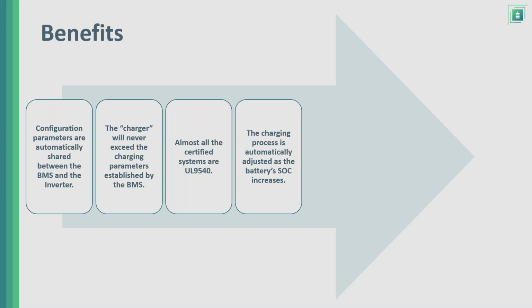The BMS. The BMS adjusts the numbers automatically through the CAN bus communication, or the closed loop communication. CAN bus is a protocol, a language being spoken, but the information travels from the battery, and it is the battery that tells the inverter: take it easy, I'm getting to a point where I'm already full, there's no need to rush it.